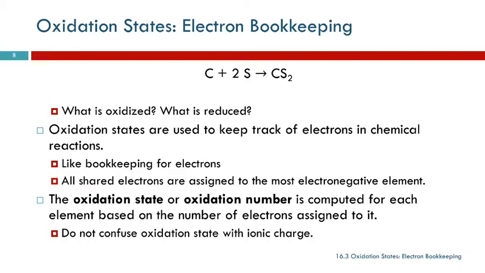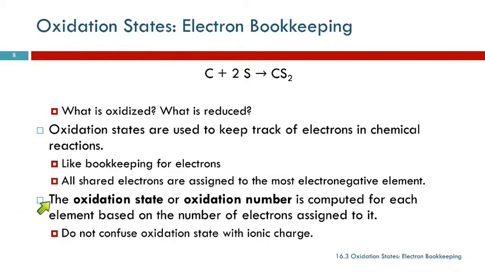One of the elements, in this case I think it would be sulfur, gets a little bit more of the electrons. It doesn't actually make an ion, but it kind of hogs the electrons. And so this is just a method of keeping track of what's going on with the electrons.